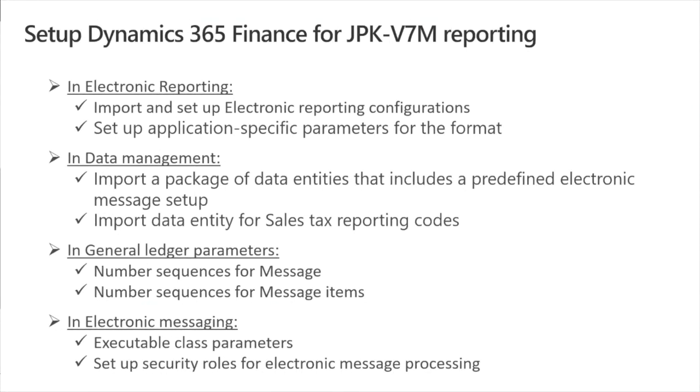Electronic messaging setup is composed in general of 3 steps: importing the predefined setup via data entities, setting up number sequences for electronic messaging, and setting up parameters of the executable class which runs the report.